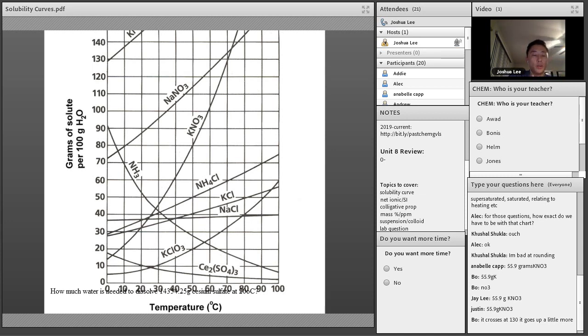Oh, you can't see that at all. Right there. How much water is needed to dissolve 14,354.25 grams of cesium sulfate at 20 degrees Celsius? Now it's a little bit of review when it comes to naming.